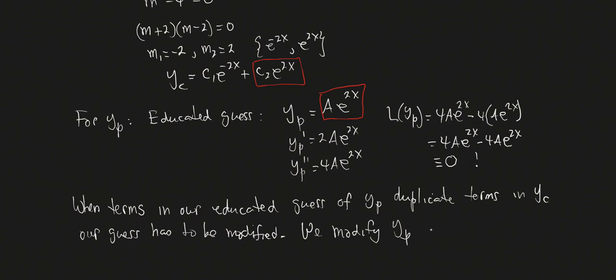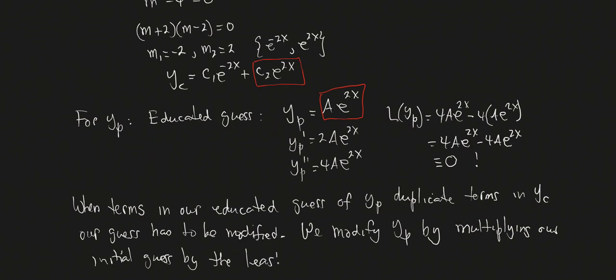So we modify y sub p by multiplying our initial guess by the least positive integer power of x that removes all duplication.